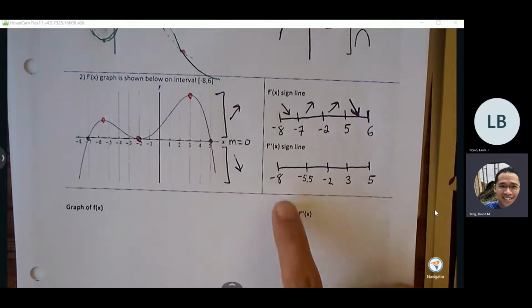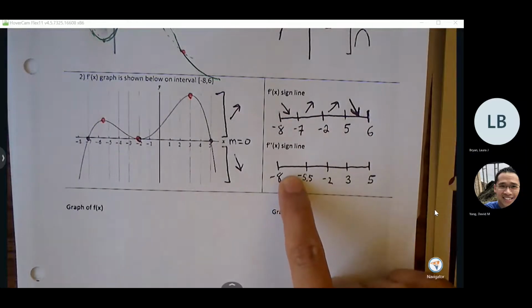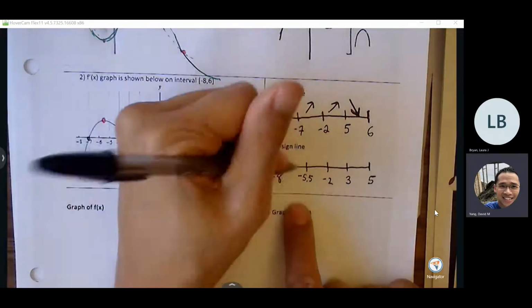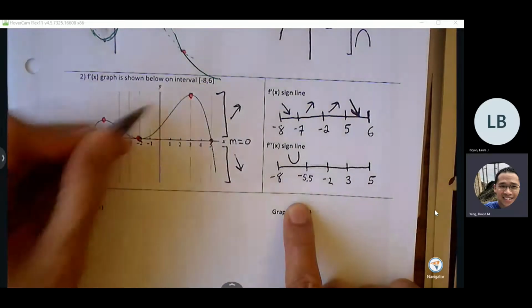Okay, what you get? Yep, now we're looking at the slope. Look at the slope, yeah. It's going to keep going back and forth, right?